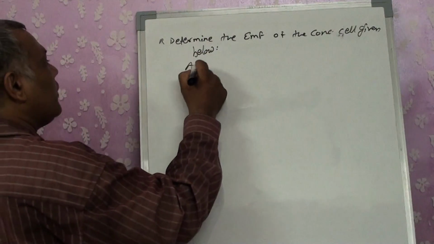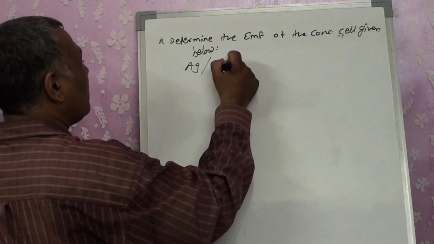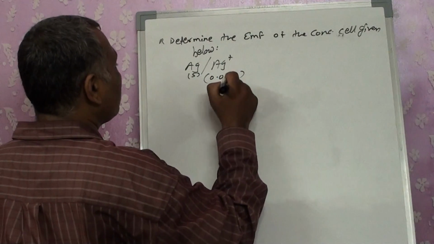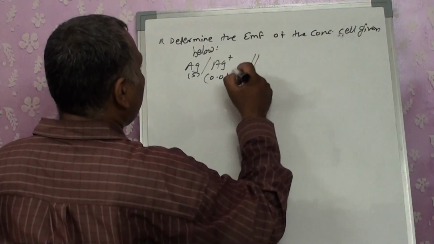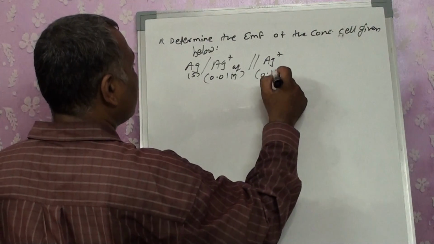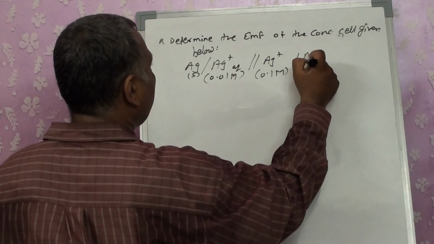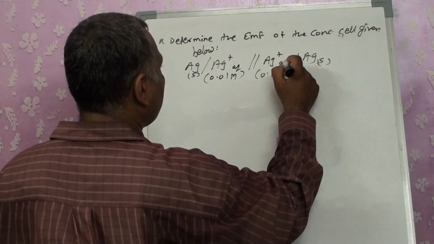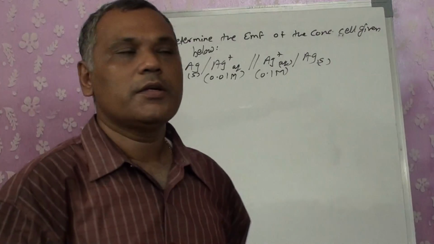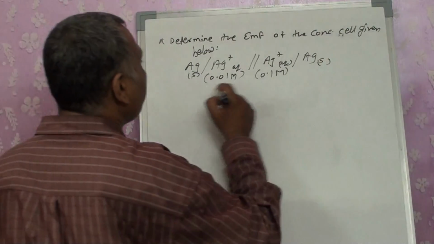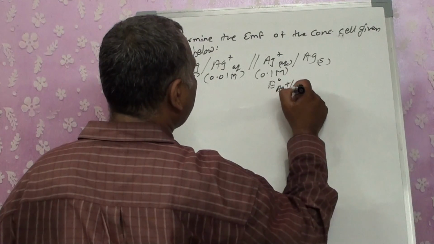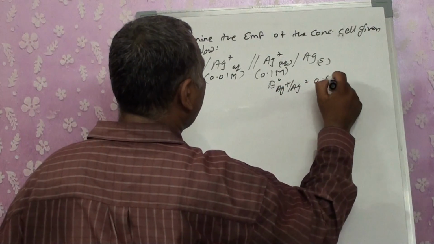The cell is Ag, Ag plus with concentration 0.01 molar, aqueous solution, Ag plus with concentration 0.1 molar, Ag. For this cell we want to calculate the cell potential, and it is given to us that E naught of Ag plus/Ag equals 0.80 volt.